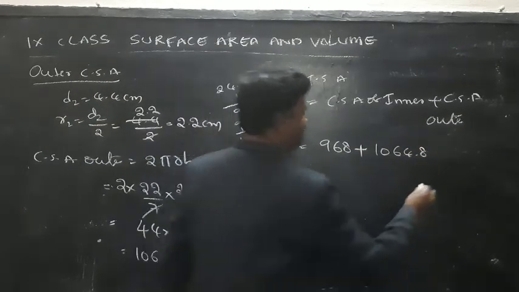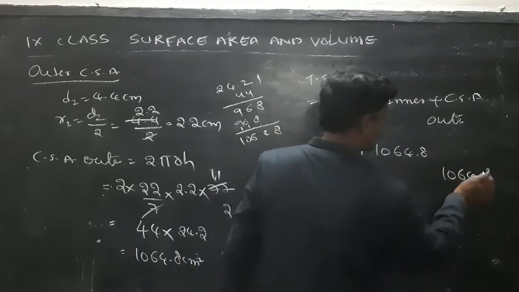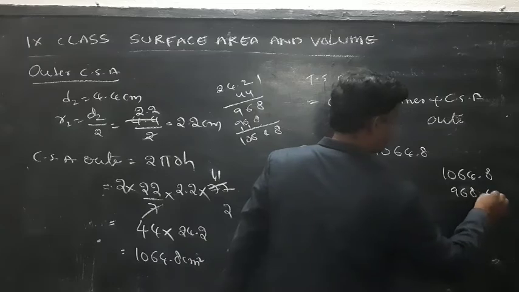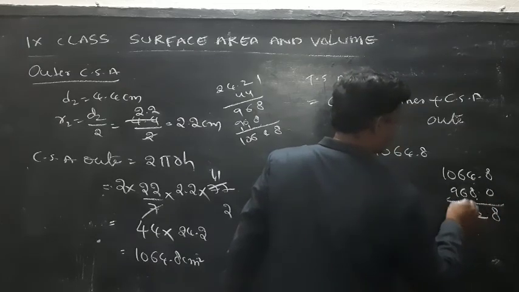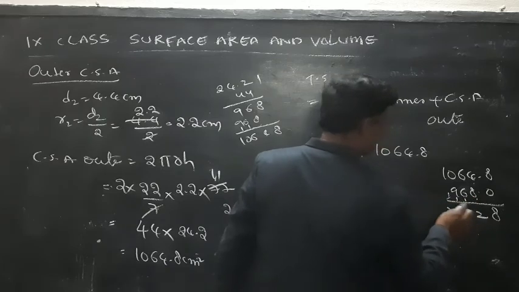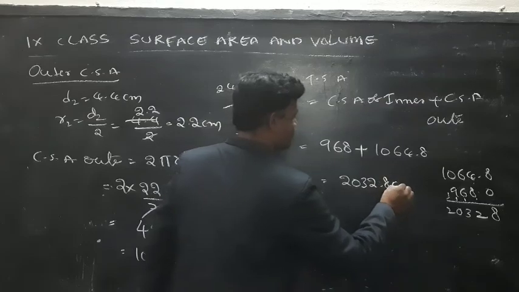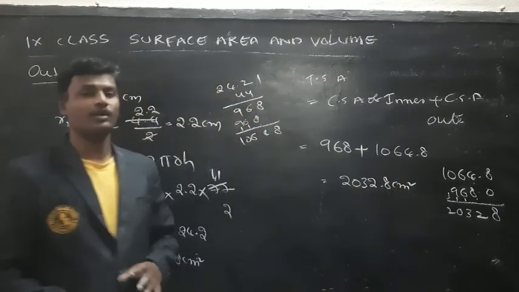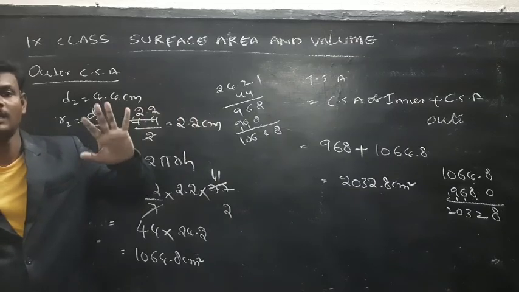Now add these both. So here total curved surface area is 2032.8 centimeters square.